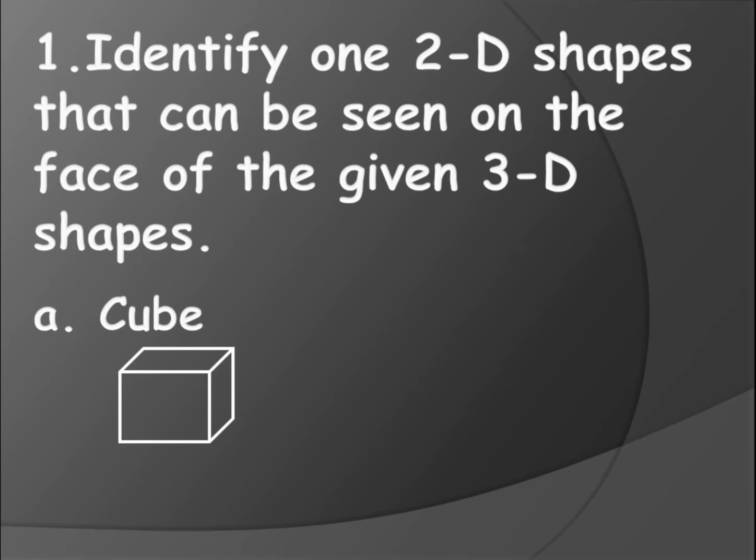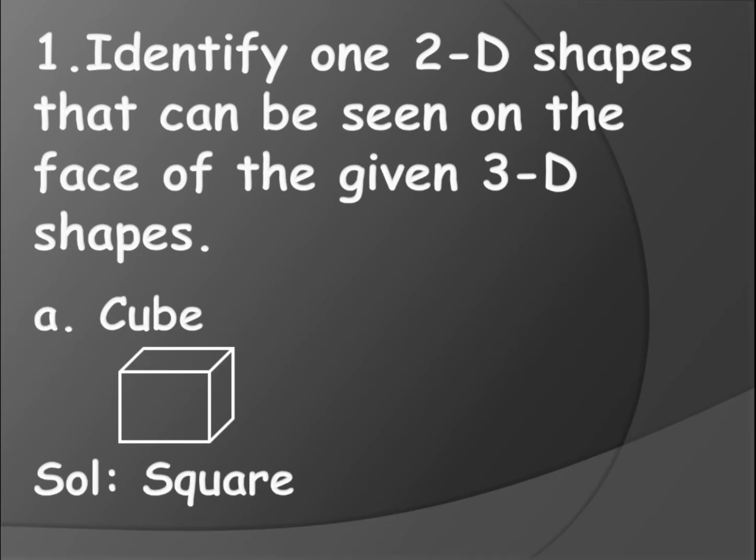You can see a square, isn't it? Here also it is a square. On the top also you can see a square. All the other sides below, you can see squares only. So here you will write square. The 2D shape you can see in a cube is a square.